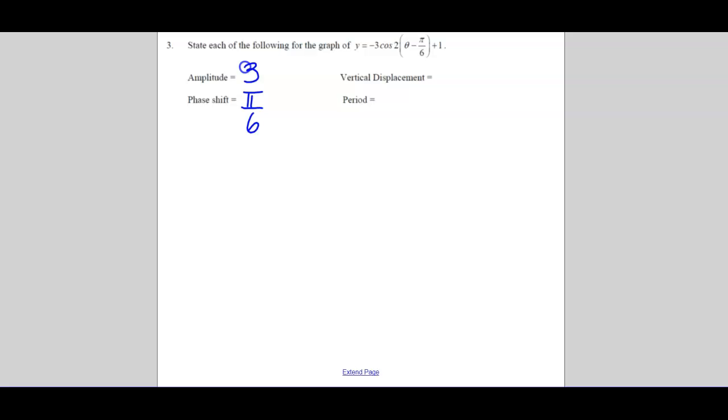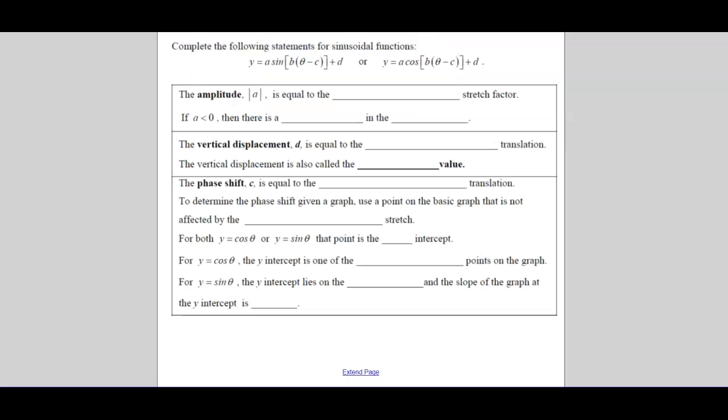Phase shift is pi over 6, vertical displacement is 1, period is pi. So, general case, because we end up asking more general case questions, because you actually have to understand what they mean.